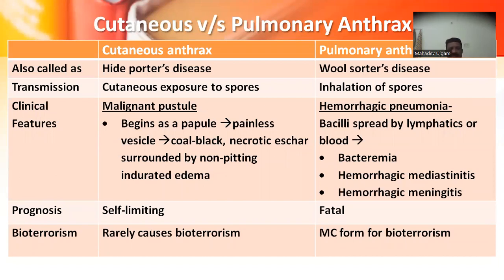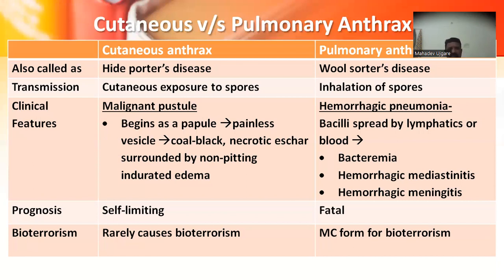Cutaneous anthrax is also called Hide Porter's disease, because people working in dockyards carry loads of skin and hide on their bare back. Pulmonary anthrax is called Wool Sorter disease. Why? It is generally seen in people working in wool factories, who inhale the spores contaminated in the wool.